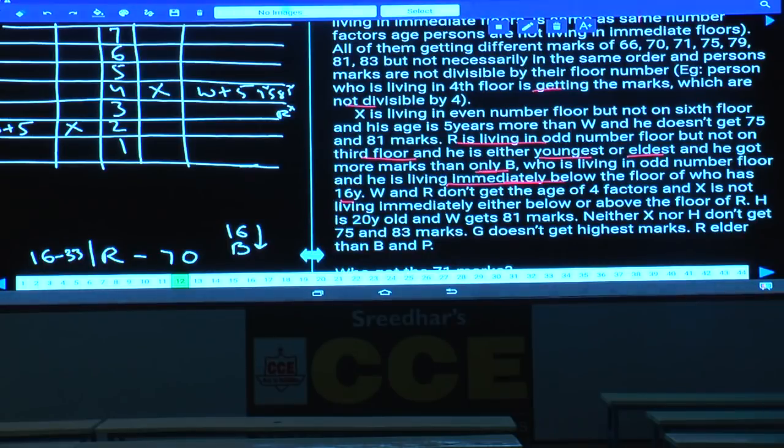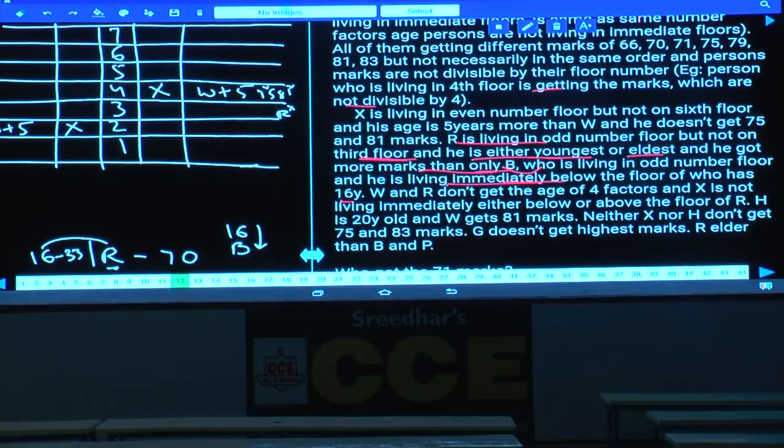Once again, R is living in an odd number floor but not on the 3rd floor, and he is either the youngest or the eldest person, 16 or 33, and he got more marks than only B. B is also living in an odd number floor. If you take 16, R must also be on an odd number floor.